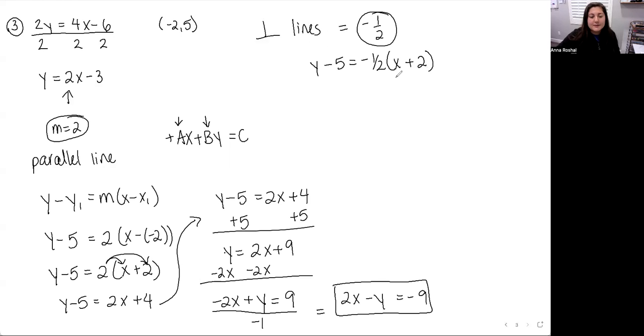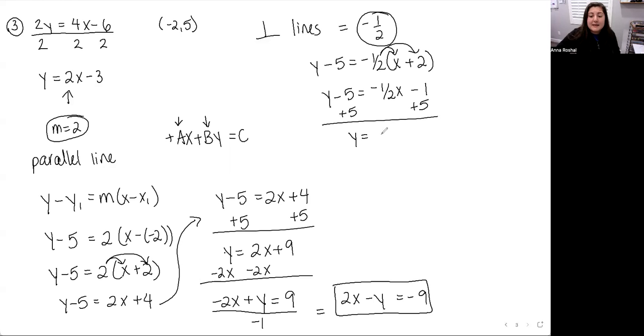Again, I know that it's going to be plus 2 because it's a negative, and I just always want to take the opposite of that. And then I'm going to distribute. I'm going to get -1/2 x minus 1, right? Because half of 2 is 1, and this is a negative. I'm going to add my 5 to both sides.